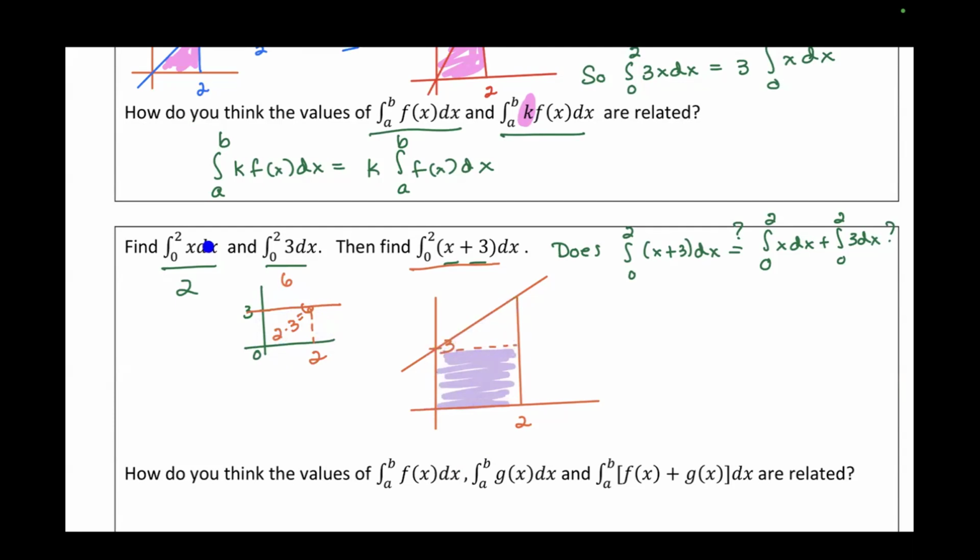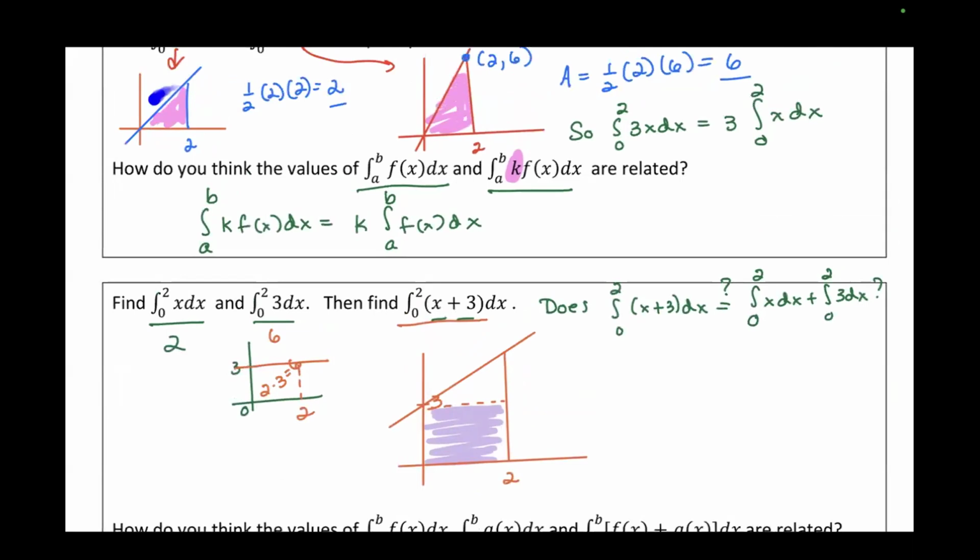This triangle is the triangle that I had up here. So yeah, I'm just stacking one function on top of the other. And since I'm looking for area, I can just add those areas. So the answer is yes, I can do that. So my answer for the integral from 0 to 2 of x plus 3 dx would be the 2 plus the 6, which would be 8. And the answer here is a big yes.